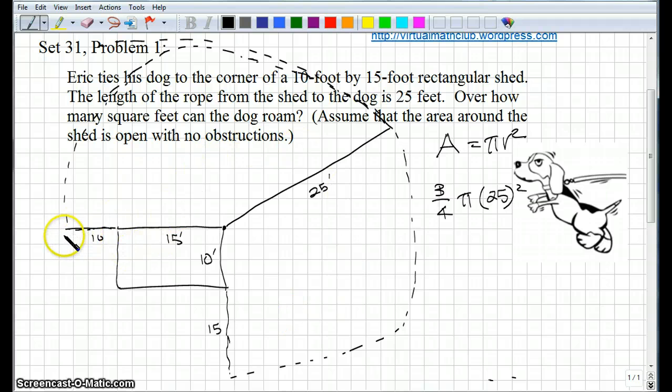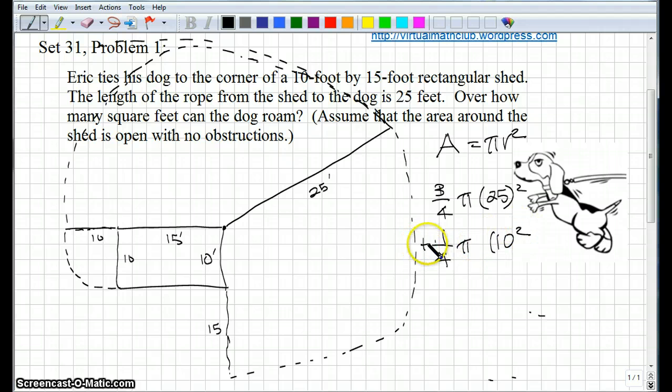But once he reaches the edge of the shed, his rope is going to continue to pivot around and trace out another arc. Over here, it's going to trace out an arc of a radius of 10 feet. Essentially this is going to be a quarter of a circle with a radius of 10 feet. So we have 1/4 pi times 10 squared.